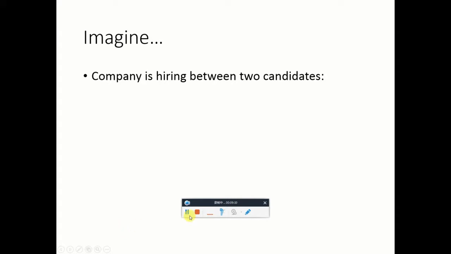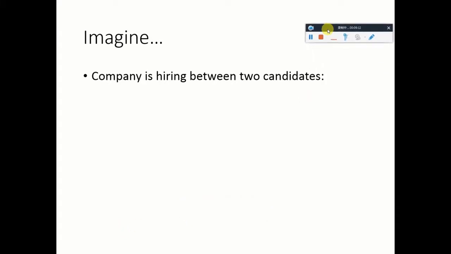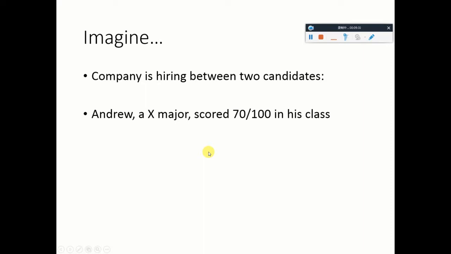Okay, so imagine then, let's start today's content with a concrete example. Let's imagine that you guys are the HR managers and you're evaluating two candidates that apply for the job in your company. So the first candidate is Andrew, and he is of a particular major.